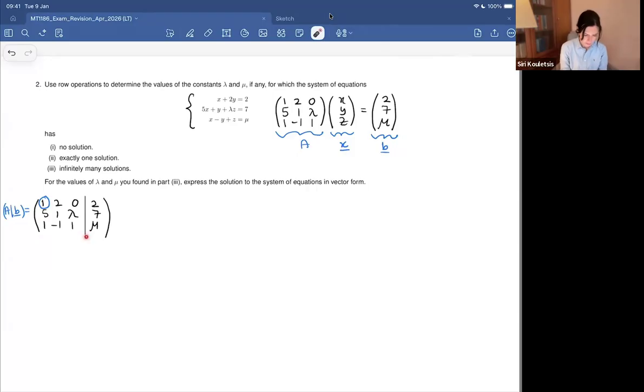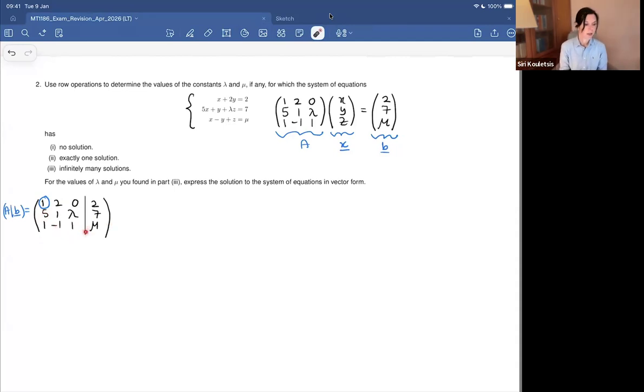So my aim here, at least when it comes to evaluating the solution set, is to bring this coefficient matrix into so-called upper triangular form, where we have all zeros below the main diagonal.